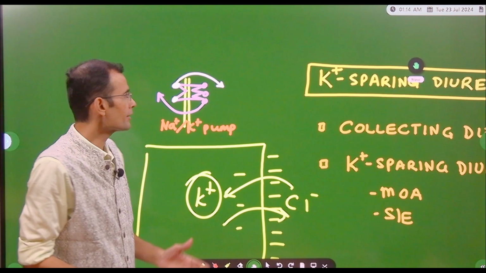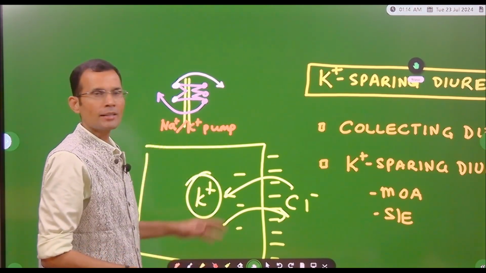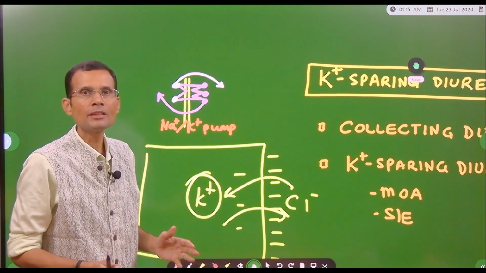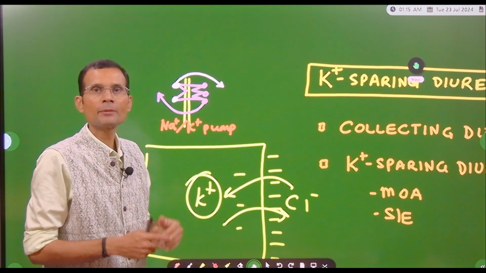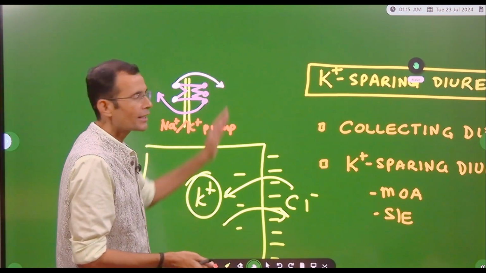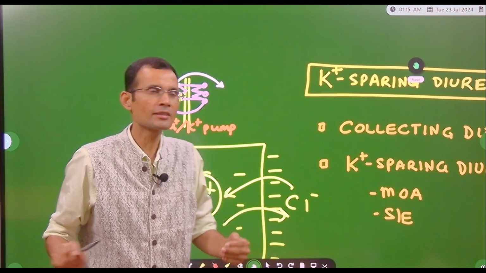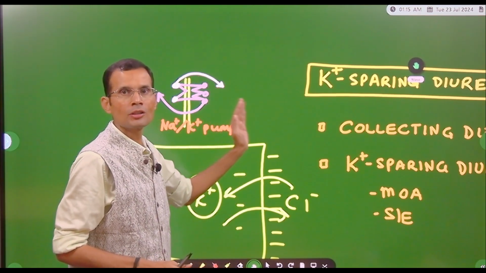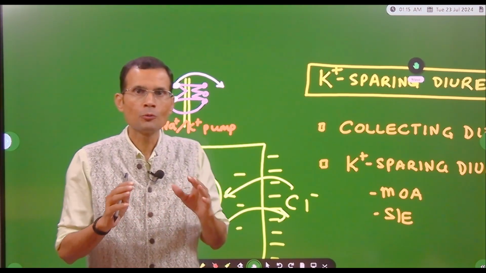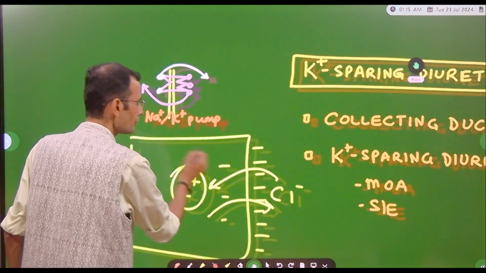I mean, it creates a deficit of positive charges because 3 positive charges are sent to the other side and only 2 are brought to this side. That means deficit of the positive charges, and which means relatively excess negative charges. So sodium potassium pump creates relatively excess negative charges on one side of the membrane. So with this in mind, now let us start our discussion.